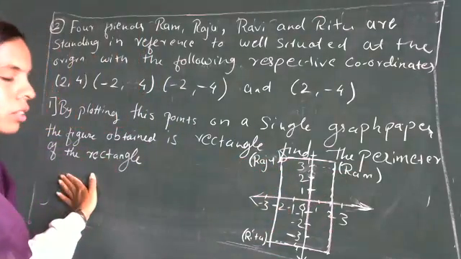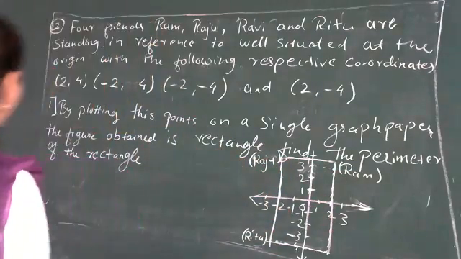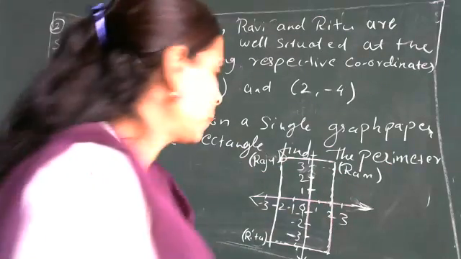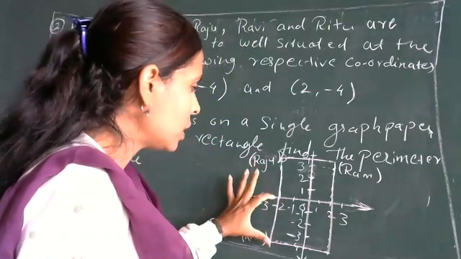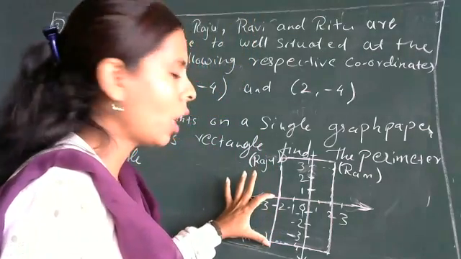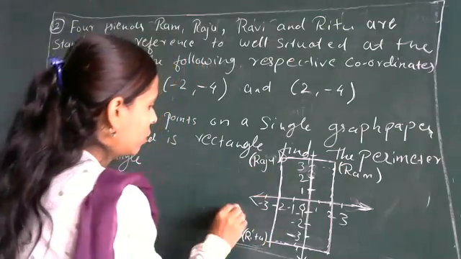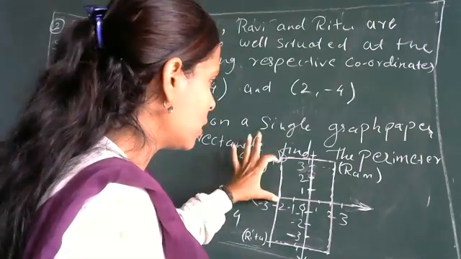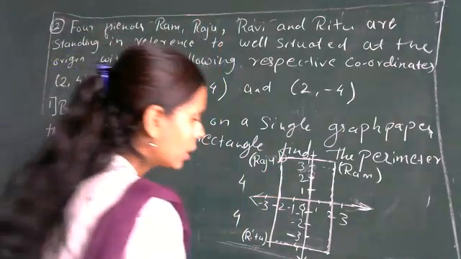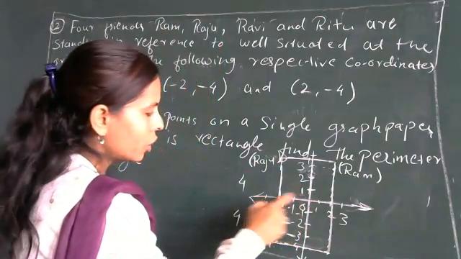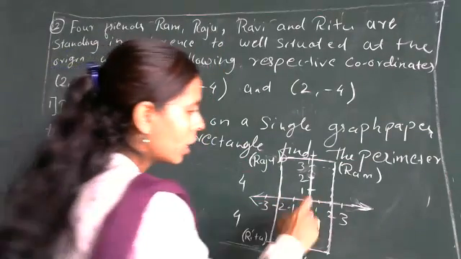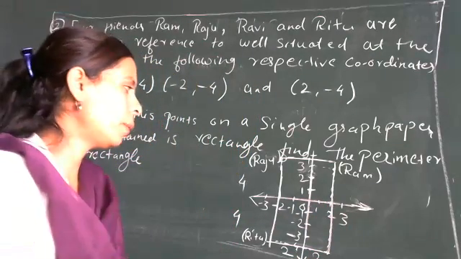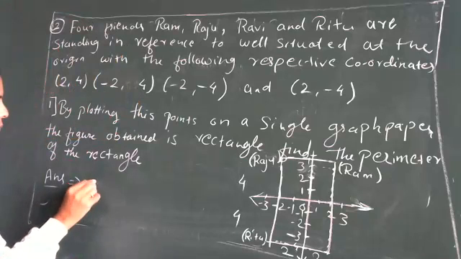Now we have to find the perimeter. So what is the perimeter of this rectangle? Can anybody answer it? See, from the x-axis to here, we are having how many points? 4, right? And from the x-axis to above, again we are having 4. Then this distance from the origin to here is 2 units, and on this side also 2 units. Now to find the perimeter, what is the formula for a rectangle?